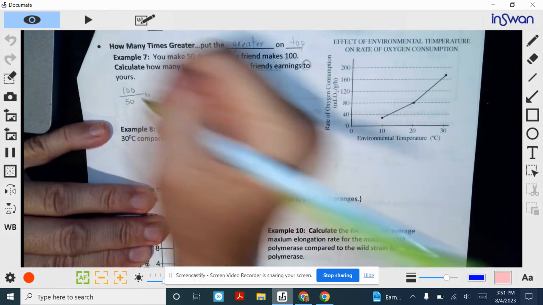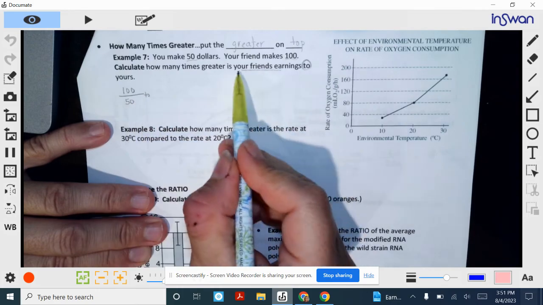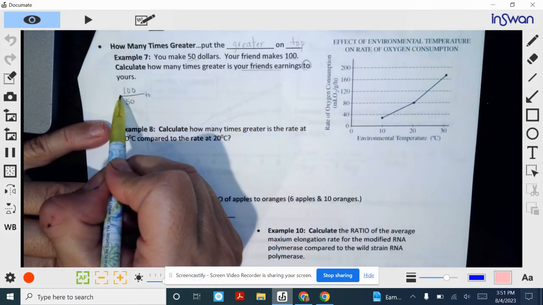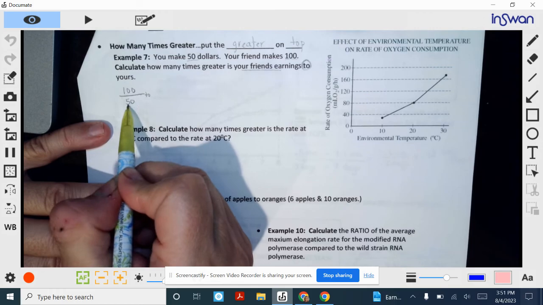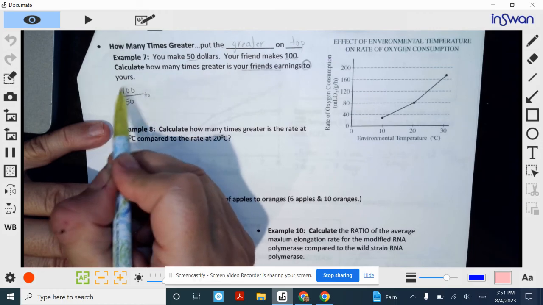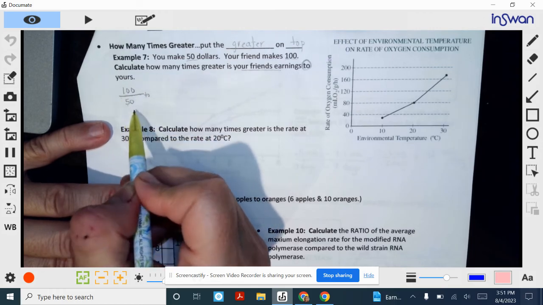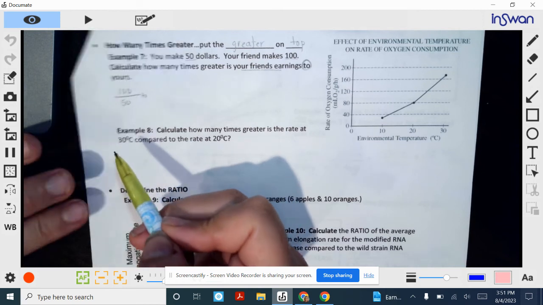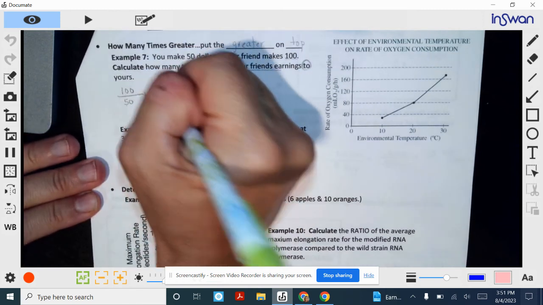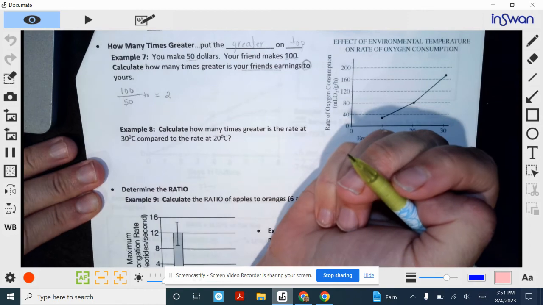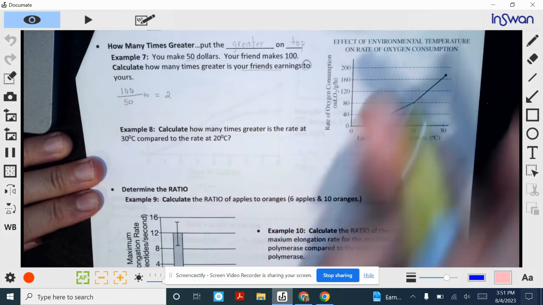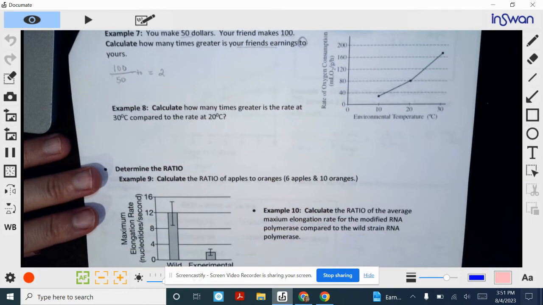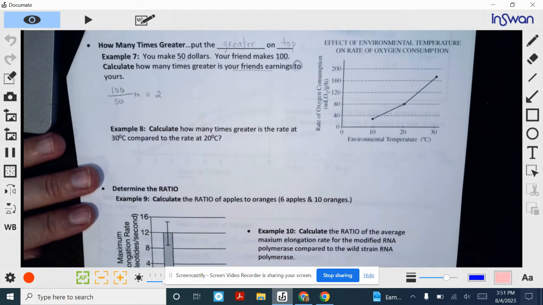That line is the 2. So your friend's earnings to yours. So your friend's earnings go on top, and then your earnings go on the bottom, okay? And that's how they got the answer to 2, okay? It's 2 times greater, all right? So now let's apply that to some sciencey questions here.